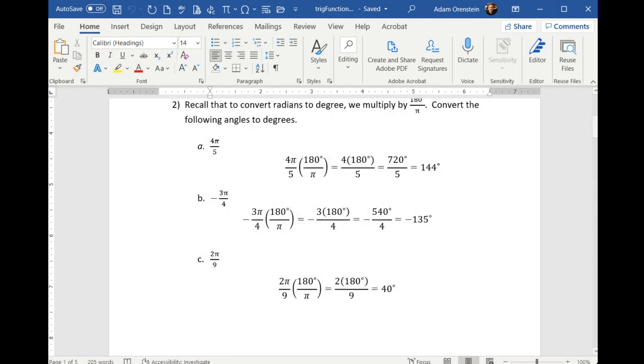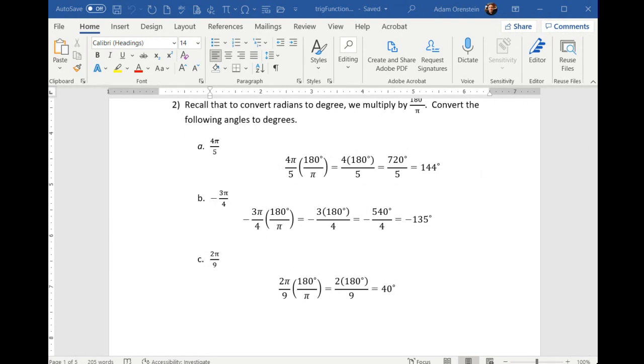That's part A. Part B is the same idea, except you're multiplying negative 3 pi over 4 by 180 degrees over pi. Just like before, the pi's cancel. I know pi is a Greek letter, but it denotes a number, so it's a real number here.